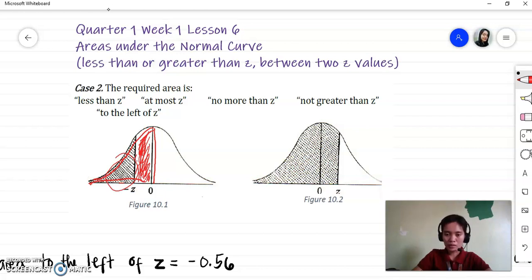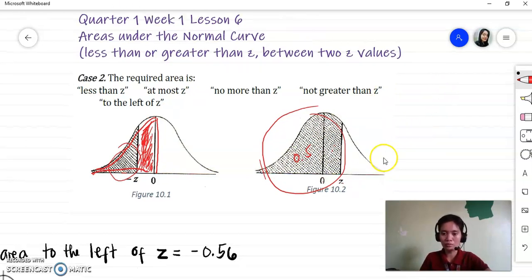That means if you solve for the total area, you're going to add this part, 0.5, or the 50% of your normal curve, and this area here from 0 to z, to get the total area. So 0.5 plus this. That's how we're going to solve.